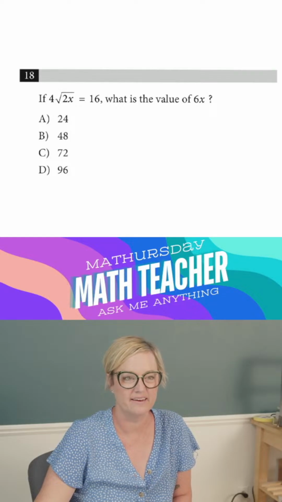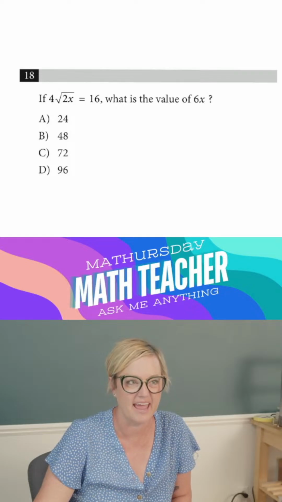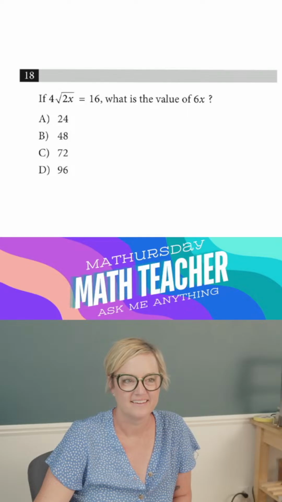Okay, let's see. We got lots of A's, lots of B's. Let's see. Jack is insistent that it's A. We got a 48 on YouTube, and Felicia said hi.